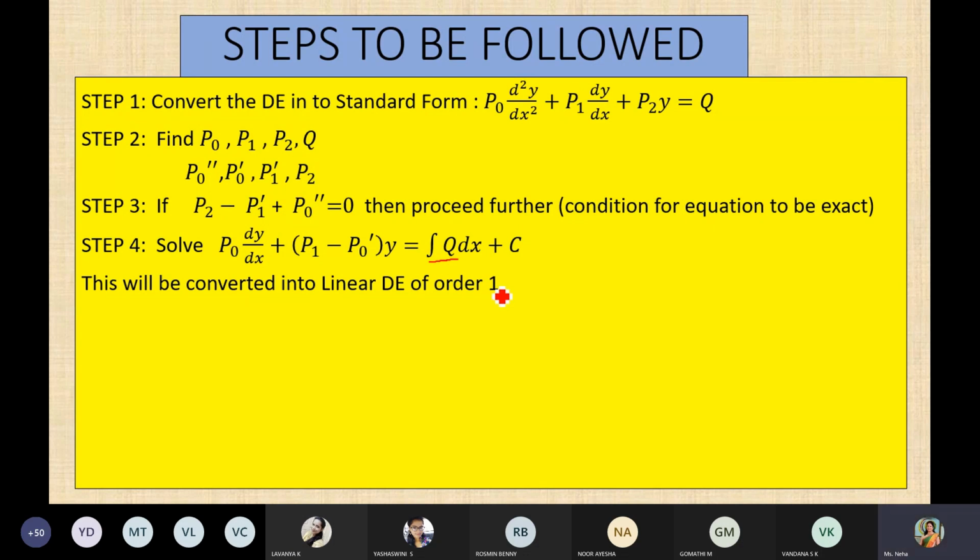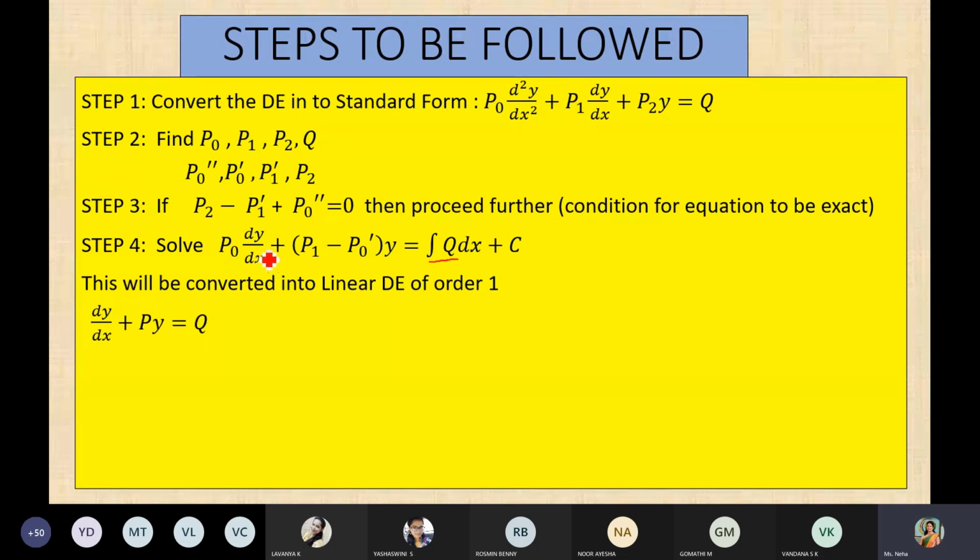What is a linear differential equation of order 1? dy by dx plus py is equal to q. Good. So we have to convert this equation into this form.